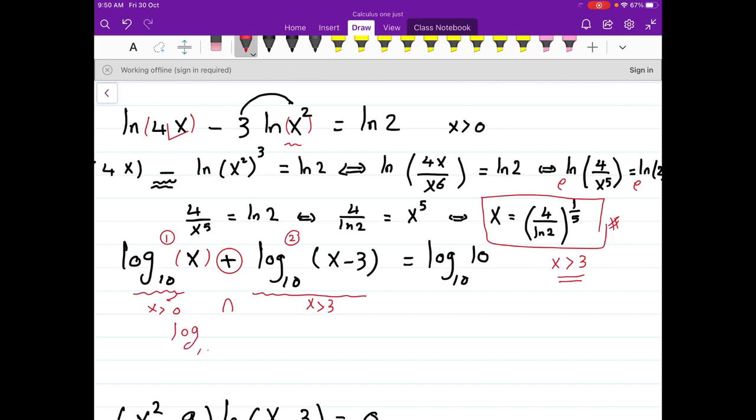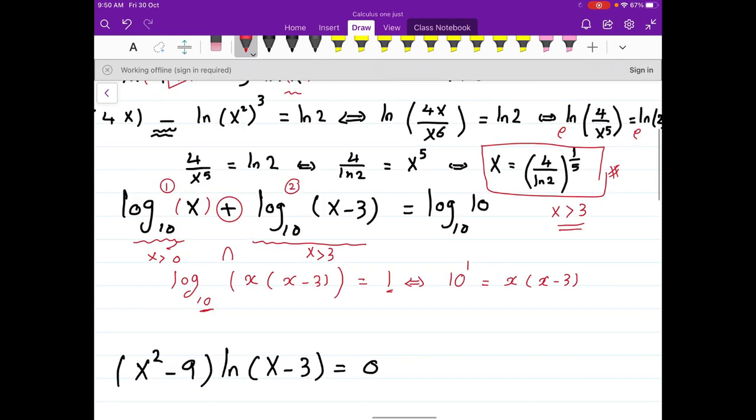Log of x times x minus 3 equals log 10 to the base 10, which is 1. This equation is equivalent to 10 to the power 1, the base and the exponent, and this is the answer, equals x times x minus 3.